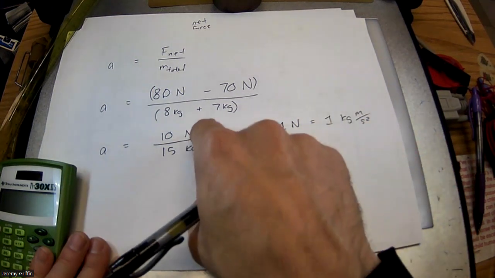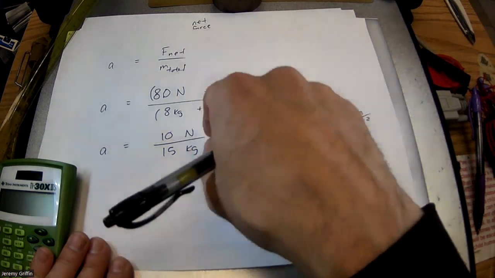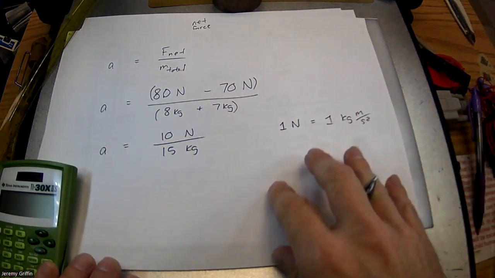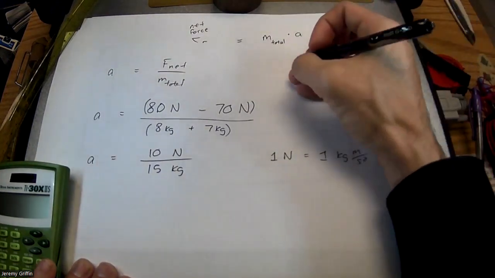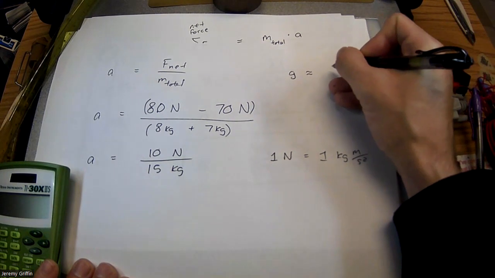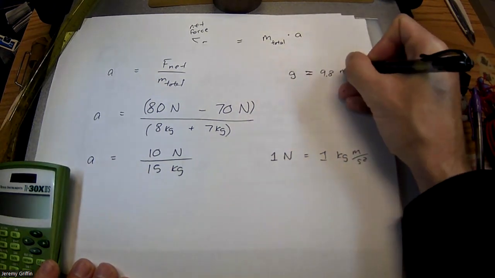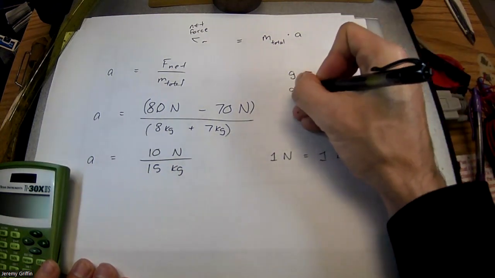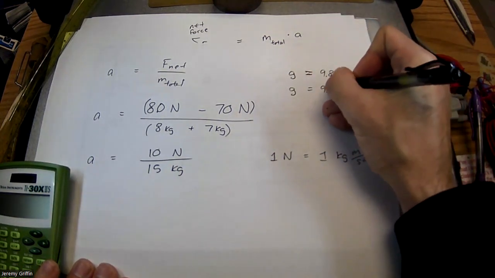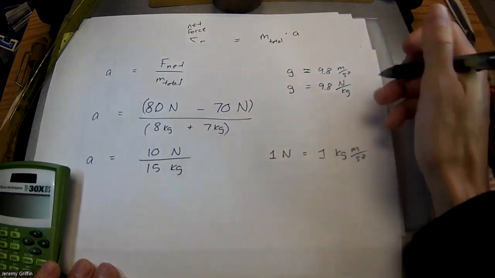So Newton per kilogram is an alternate way to express acceleration, force on mass, from a dynamics point of view. So sometimes even on AP, you'll see that. I know this is kind of a tangential thought, but you guys know how gravity on Earth is 9.8 meters per second squared. Sometimes you actually see it in dynamics units, 9.8 Newton per kilogram. Okay, that's the same thing.